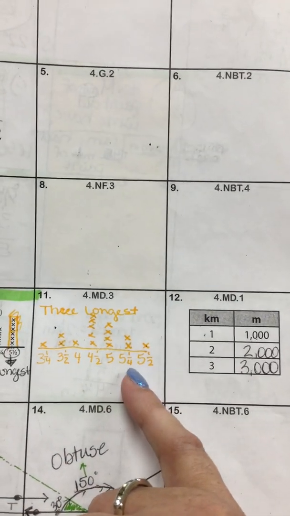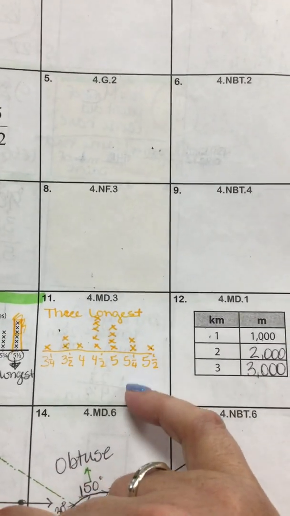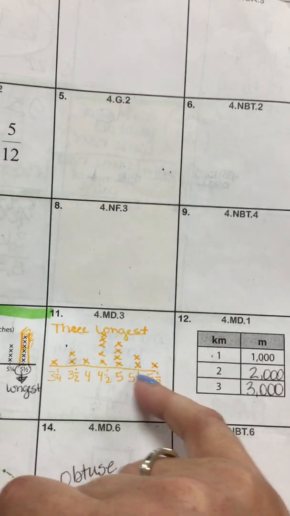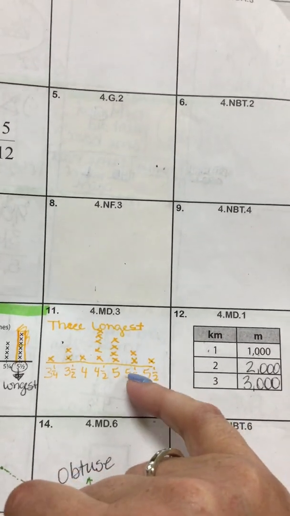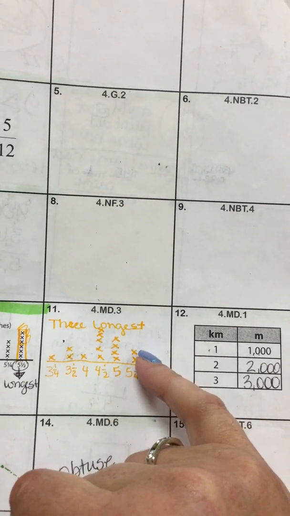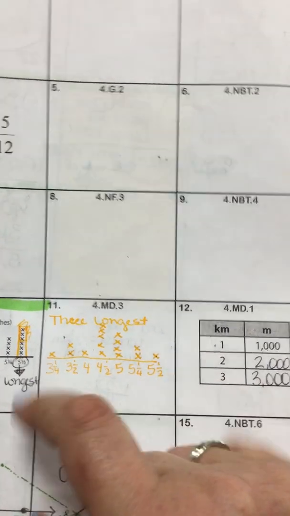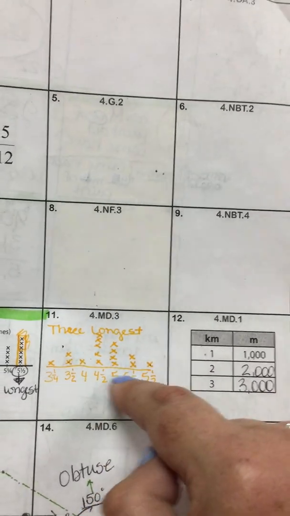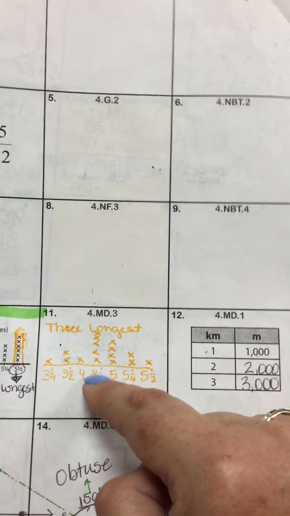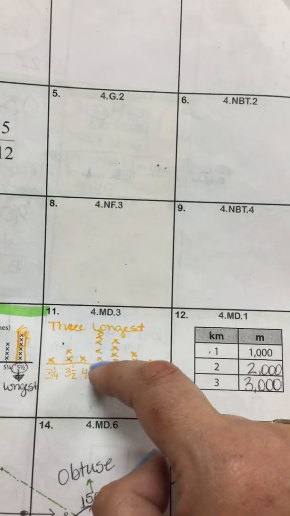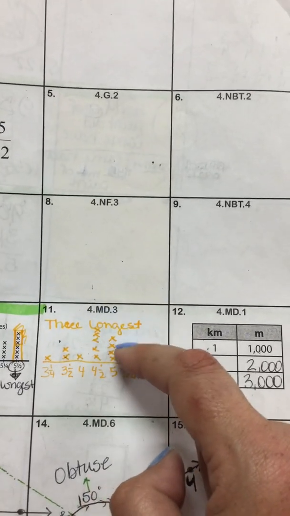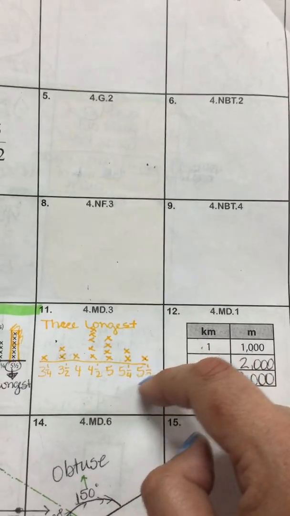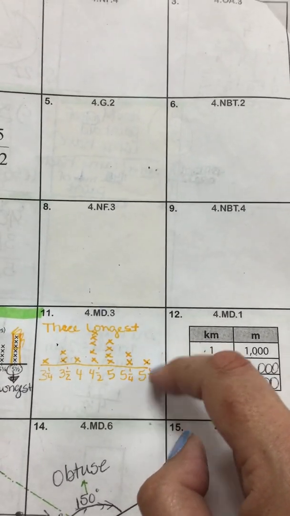So the 3 longest fish would be 5 1/4, 5 1/4, and 5 1/2, and if we had to find a total, we would add 5 1/4 plus 5 1/4 plus 5 1/2. Even though these have longer columns, this measurement is not the longest. This just has more fish that have been collected at that length. These are the 3 longest fish, so you would add those 3 together.